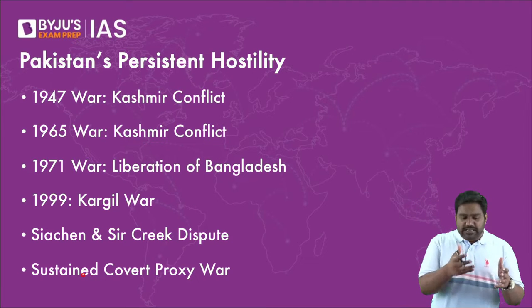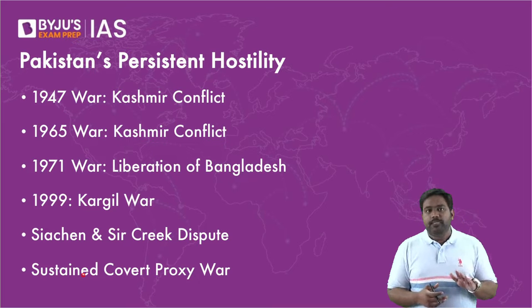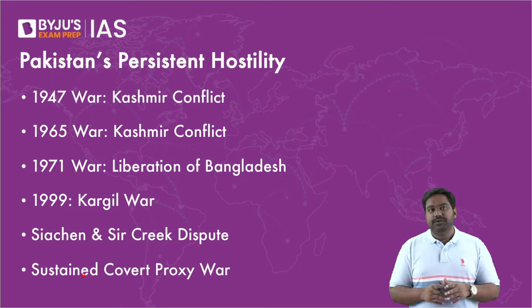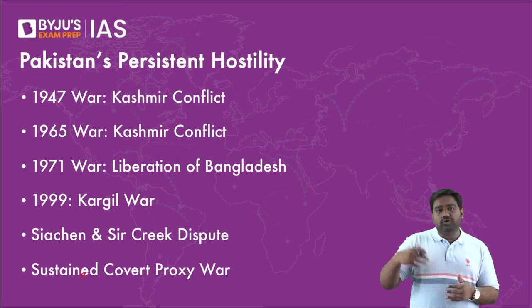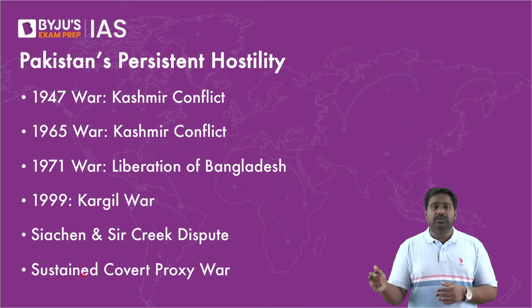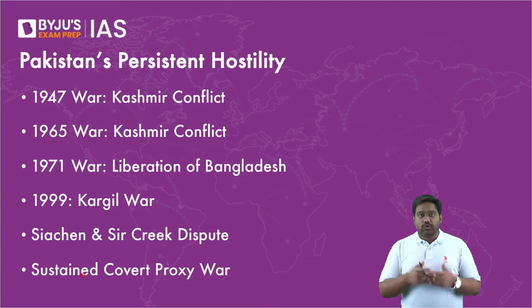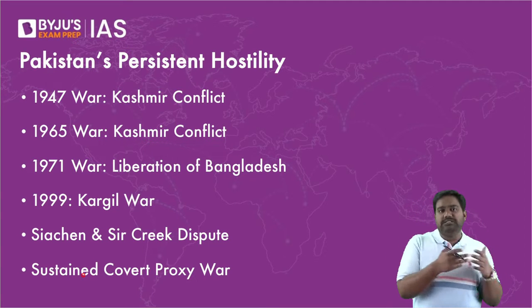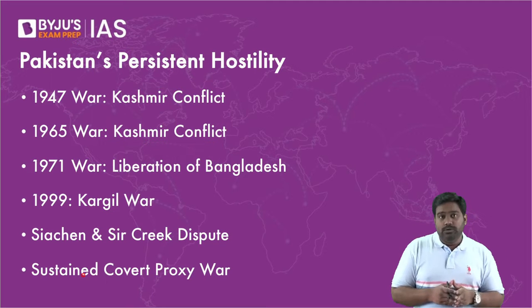See, we could have easily discussed only the basic facts, the history, and closed this chapter, but that does not serve the purpose, right? Such analysis is very essential because it makes the topic more interesting and it makes other topics very easy and simple to understand. Because UPSC questions can come on these lines. There could be questions on why Pakistan sponsors terrorism against India, why Pakistan has used terrorism as a weapon, as a tool, right?